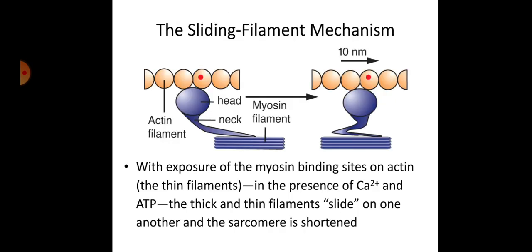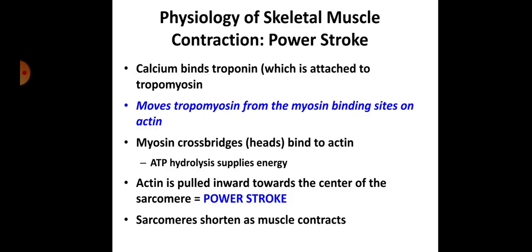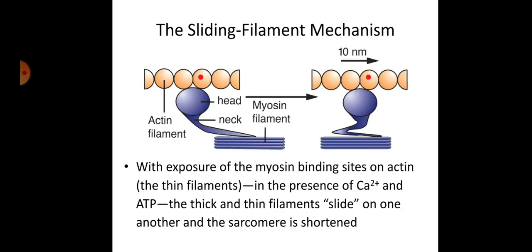Here in this diagram, the sliding filament mechanism has been depicted. Now you can see the actin filament depicted by light orange color and the myosin filament by the purple blue color.